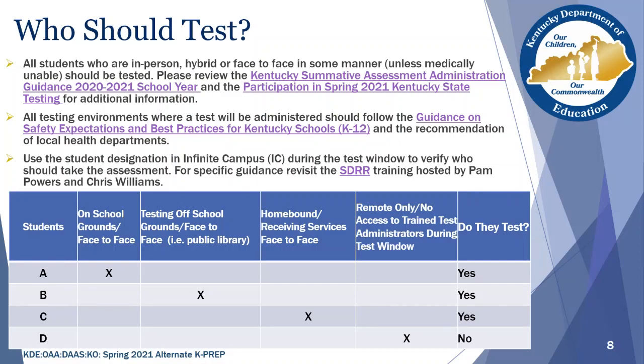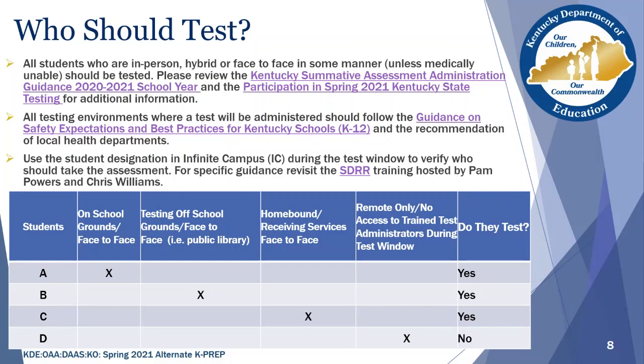The last thing I want to discuss before moving to slide 9 is the guidance documents that the Office of Assessment and Accountability and the Division of Assessment and Accountability Support have created. The Kentucky Summative Assessment Administration Guidance 2020 through 2021 school year and the Participation in Spring 2021 Kentucky State Testing are available for more information regarding all testing. That also includes the alternate K-Prep.